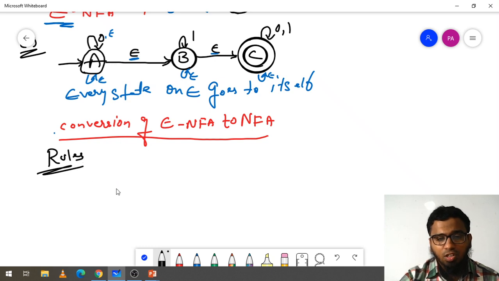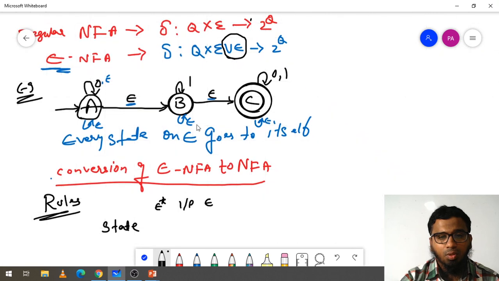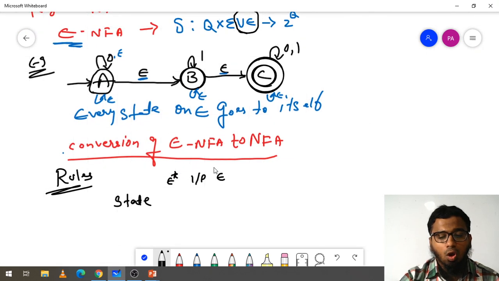First rule is state, and here we need to take the epsilon star, meaning closure, then we will take the input, then we will take again the epsilon closure.